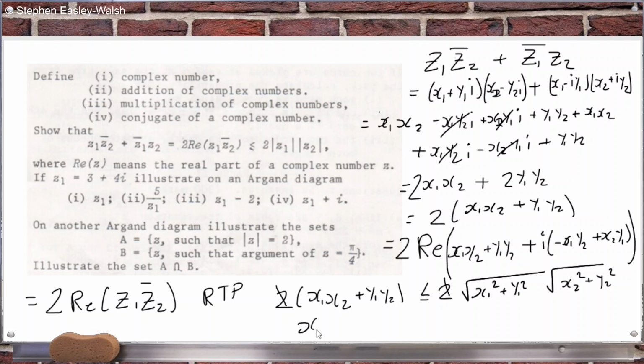So now we need to show that X1 X2 plus Y1 Y2 is less than or equal to, I feel like I want to square this, (X1 squared plus Y1 squared) times (X2 squared plus Y2 squared). So hopefully I can prove this inequality with not too much difficulty.